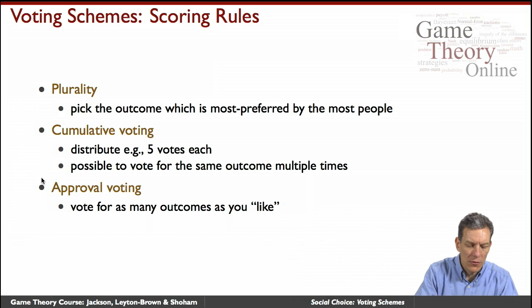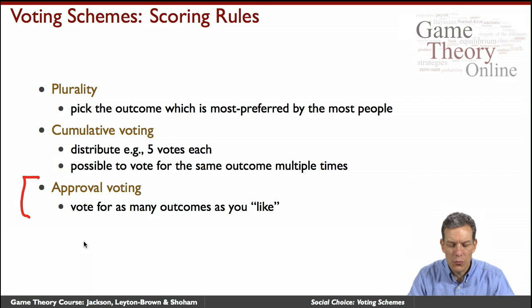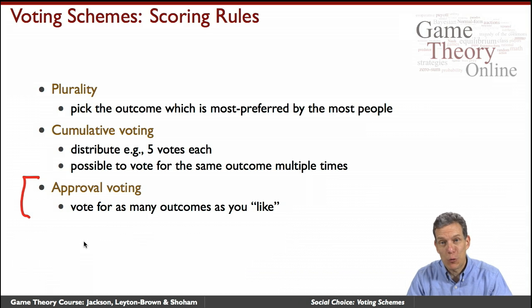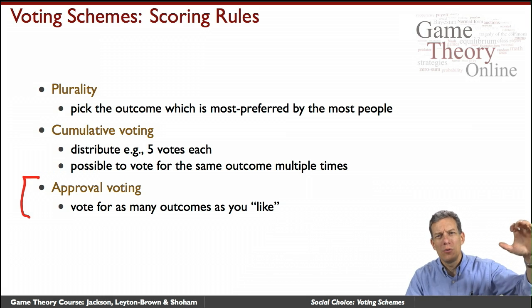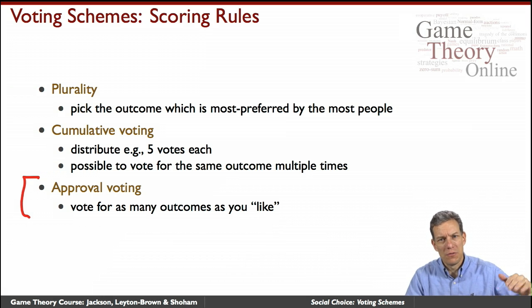Approval voting is another interesting voting rule. And that's one where you can basically just express whichever outcomes you like and not express which ones you don't like. So this is often used in, say, electing new members to a club or to a society. Like a Hall of Fame, you can list which candidates you think should be included, and then give zeros basically to the ones you don't think should be included.